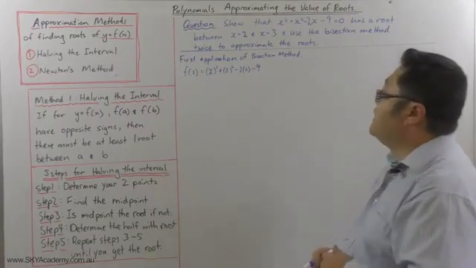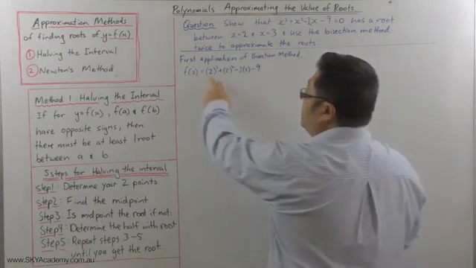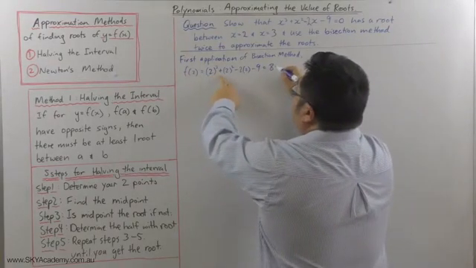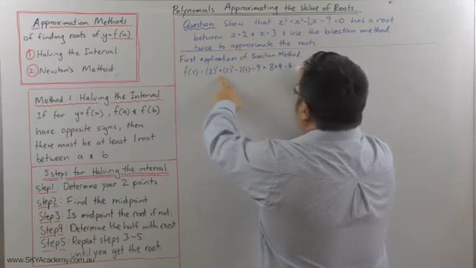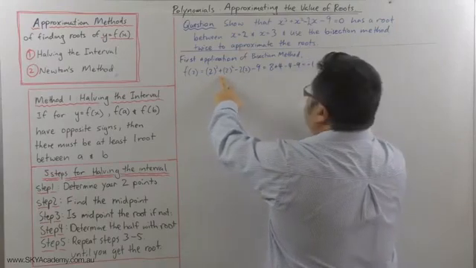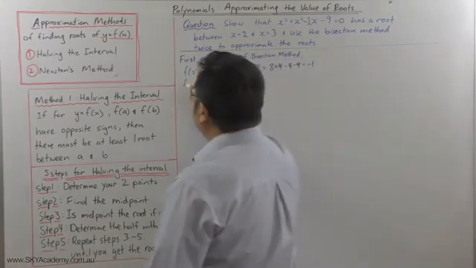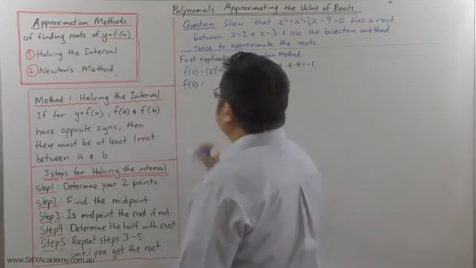So let's work that out. So what we've got here is 8 plus 4 minus 9 equals minus 1. Does that make sense?